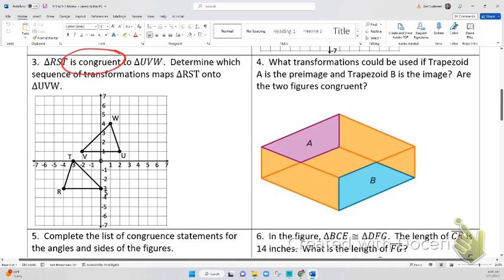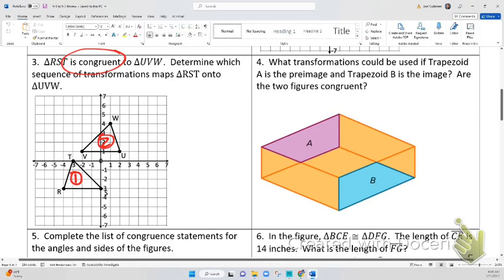But they do want to know, how do you go from RST? So we're going to call this one number 1, because they're telling us, how do you go from RST to UVW? So how do you go from the first triangle to the second triangle? Okay. Now again, patty paper is going to be your best friend.